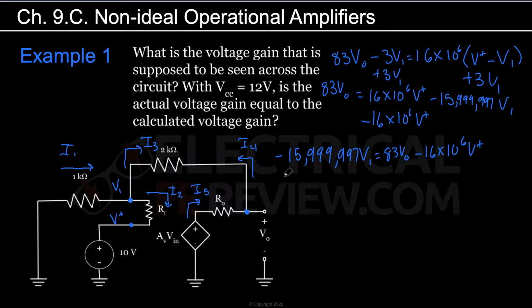And then we can divide by negative 15,999,997 on both sides.